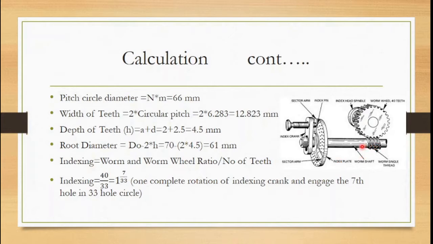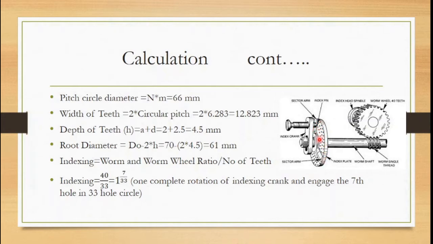So here this is called worm and this is called worm wheel, and this part is called as indexing plate, and this is the indexing plate crank. So this is called the crank of the indexing plate. We can observe this indexing plate is having many number of hole circles.